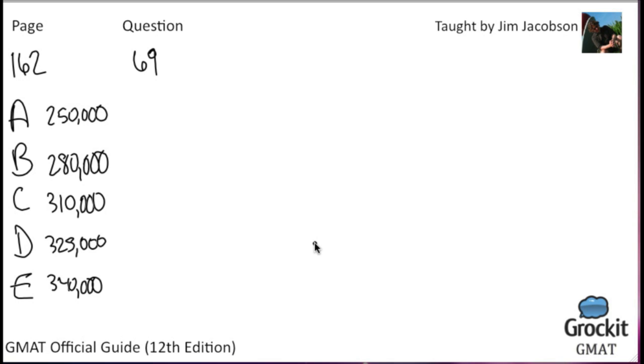And median, remember, median is one of those issues with sets. The median equals the middle number. So if you have an odd number of numbers, it equals the middle number. And if you have an even number of numbers in your set, it's the average of the two middle.